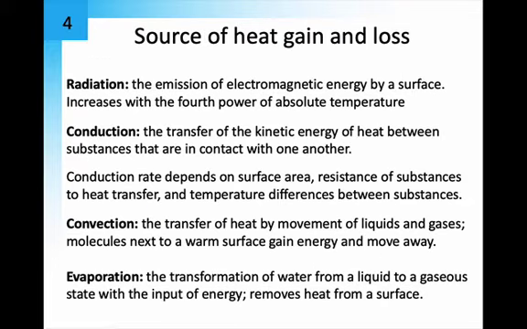Now let's move on to talk about the second major adaptive problem, and that's maintaining a stable thermal regime. So if you're on land, you gain and lose heat in a number of ways. You can gain or lose heat by radiation, which is emitting electromagnetic energy, and that's what you feel when you're standing directly in the sun.